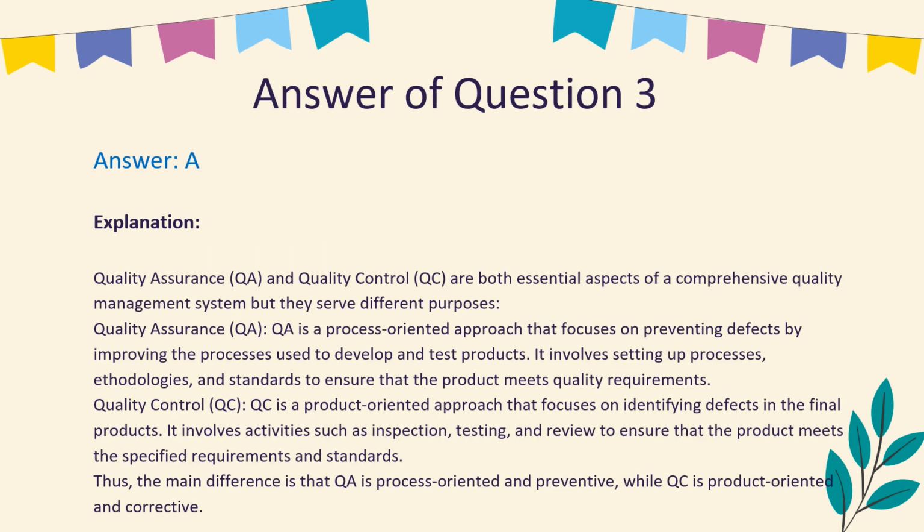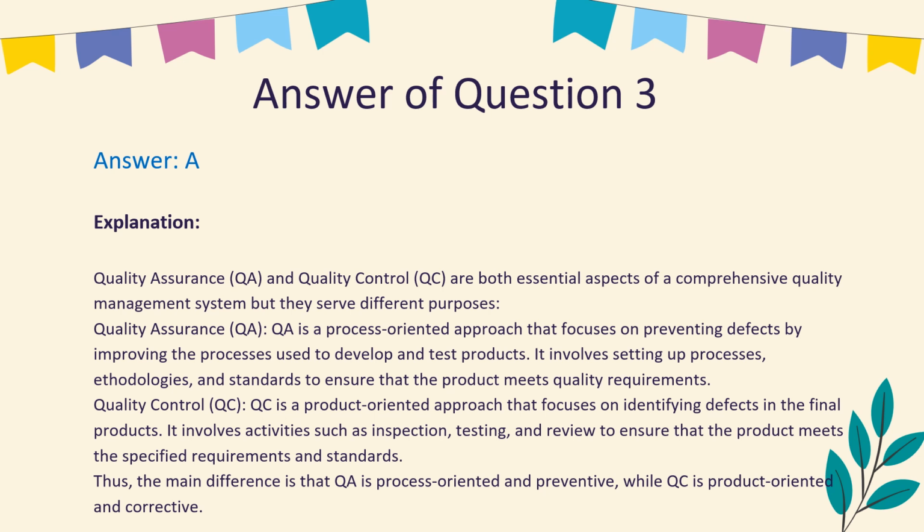The correct answer is A. Quality assurance, QA, and quality control, QC, are both essential aspects of a comprehensive quality management system, but they serve different purposes. Quality assurance, QA. QA is a process-oriented approach that focuses on preventing defects by improving the processes used to develop and test products. It involves setting up processes, methodologies, and standards to ensure that the product meets quality requirements.